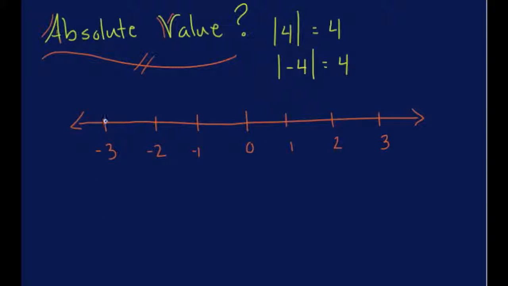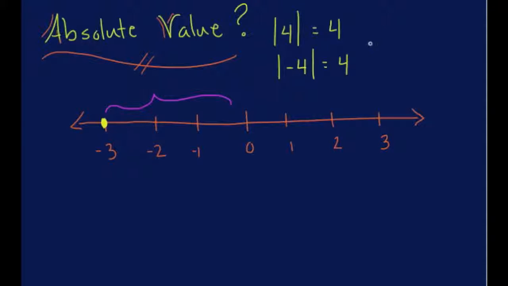So that was fine. Here's the way I'm going to do it. Let's look at this -3 right here. With that -3, what's the absolute value of it? All absolute value is telling us is the distance on a number line from that number to 0. So how many spaces is -3 to 0? It's 1, 2, 3.